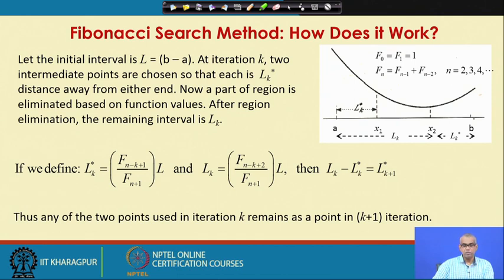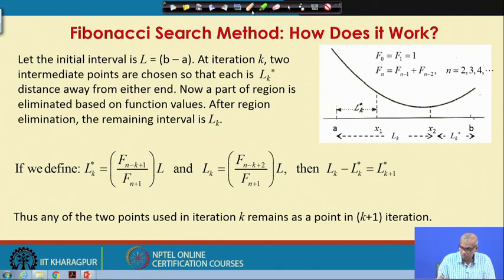So, the initial length of the interval is L equal to b minus a. At iteration k, two intermediate points are chosen such that each is Lk star distance away from either end.